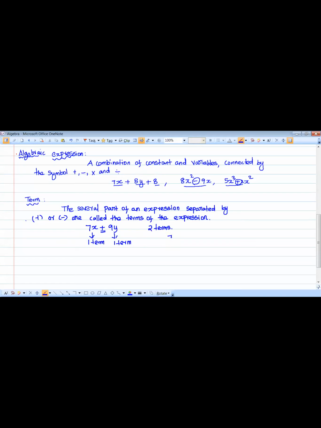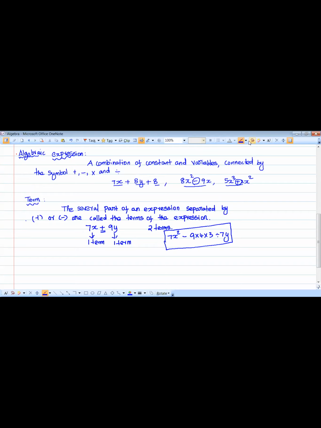Okay, so here 7x square minus 9 into 4 into 3 divided by 7y. Tell me how many terms are there in this particular expression? Rishikesh, 5. Grace, 2 terms.